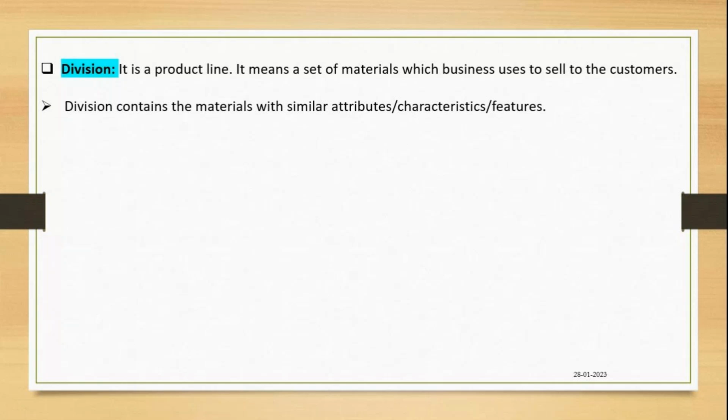Like I told you in an example, Colgate has toothpaste in one division and brushes in another division. Thousands of companies have different brands, and we segregate brands with similar attributes into one particular division.